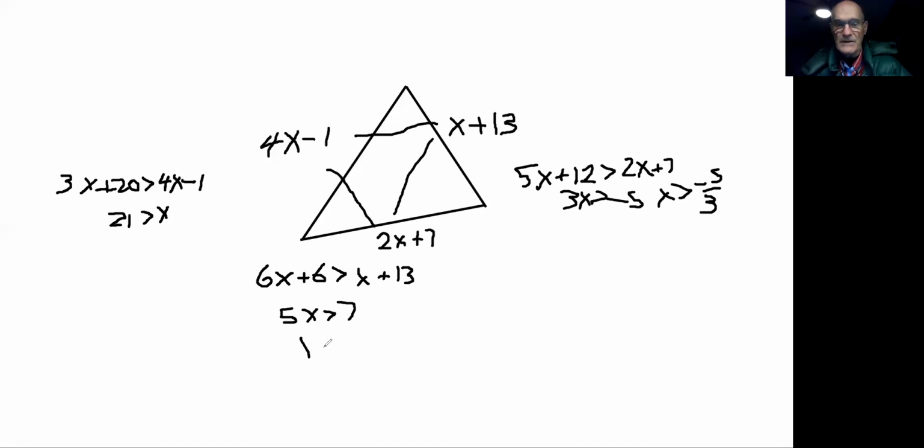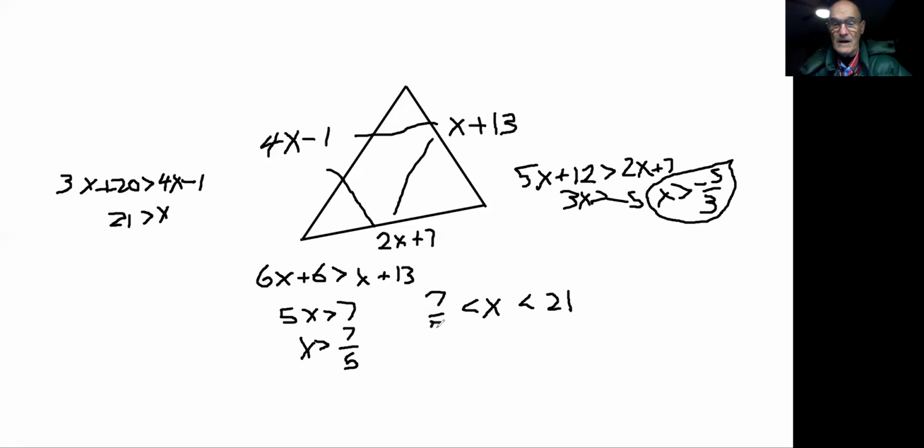So x is greater than 7/5. So what you'll see here, since over here I had x is greater than minus 5/3, and here I have x is greater than 7/5, by being greater than 7/5, I am automatically greater than this. So this restriction here is not binding. So my final answer here says that x is less than 21 and it's greater than 7/5.